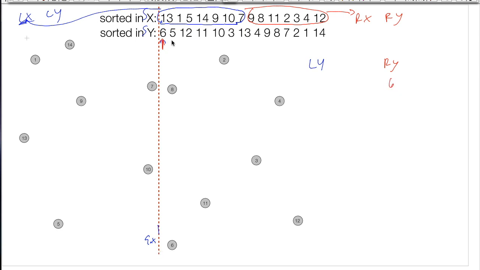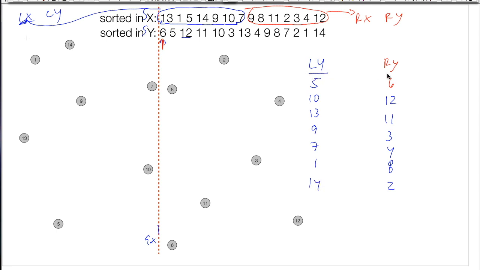And then 5 happens to be on the left side, so we'll write 5 down. And then 12 is on the right, so we'll write 12 here. And then 11, and then 10, and then 3, 13, 4, 9, 8, 7, 2, 1, 14.